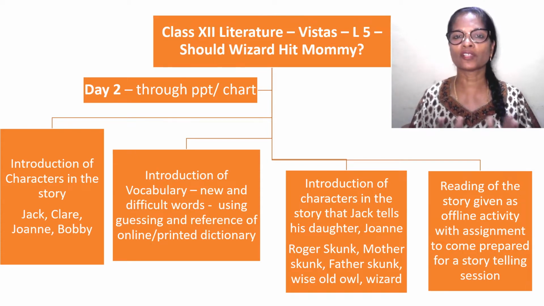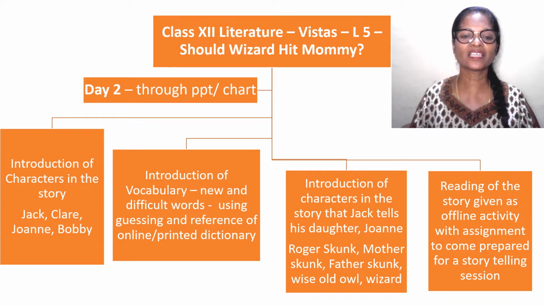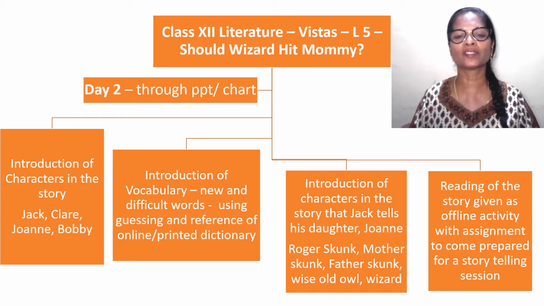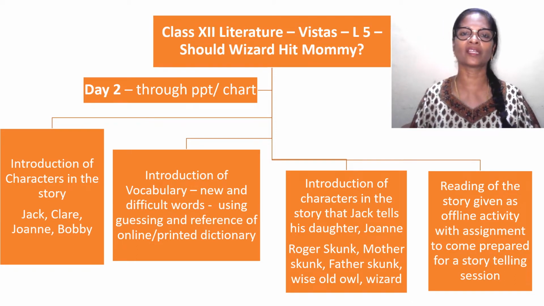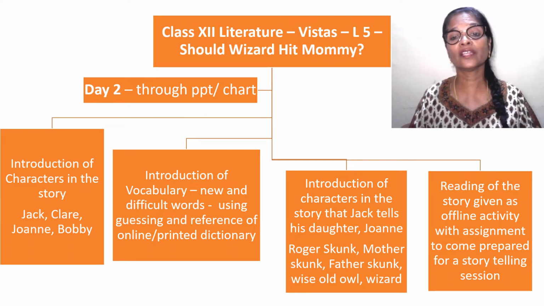Although I have put it all together within just a few minutes, you can spread it out over these 3 days the way it is shown here with the plan, using guessing and reference of online or printed dictionary, depending on the kind of class you're taking. Then the introduction of the characters in the story that Jack tells his daughter.